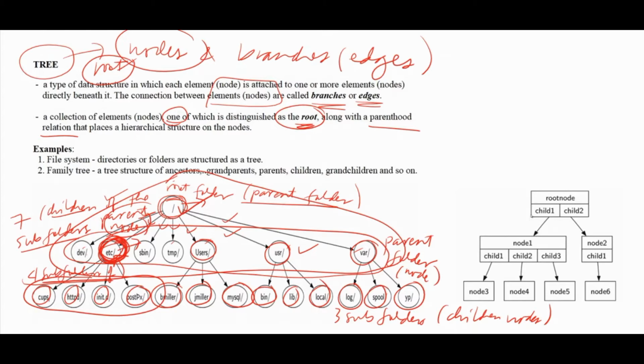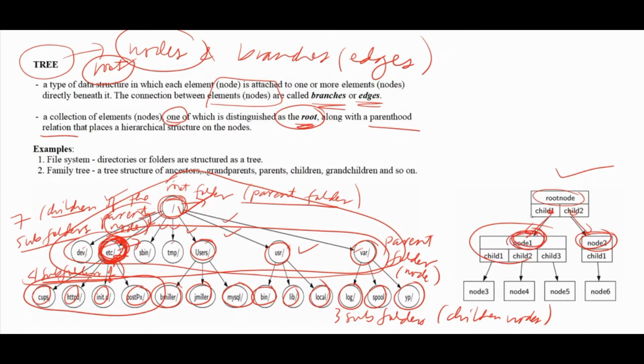Another common example we have is a family tree, like this figure here on the right side. A family tree is a tree structure of ancestors, grandparents, parents, children, grandchildren, and so on. So this is the root node, and child 1 and child 2 are pointers to the left child and the right child, the first child and the second child.